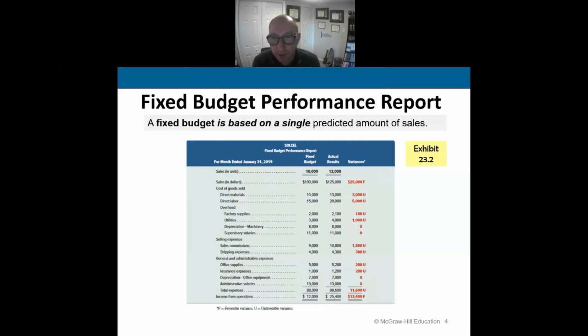And here's why I don't like it again. I got a fixed budget. If my actual sales come in above my fixed estimate, then I'm over budget in terms of sales dollars. Now, you're saying, Dr. B, well, how could that be bad?